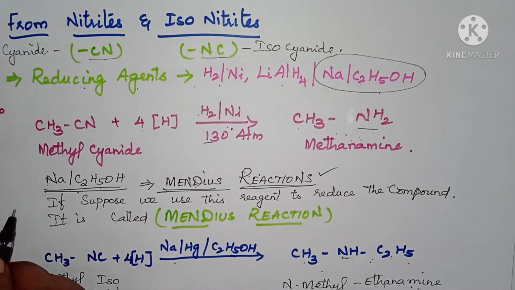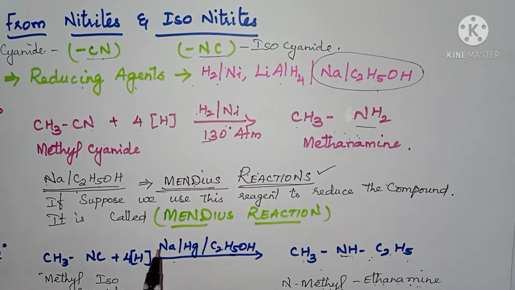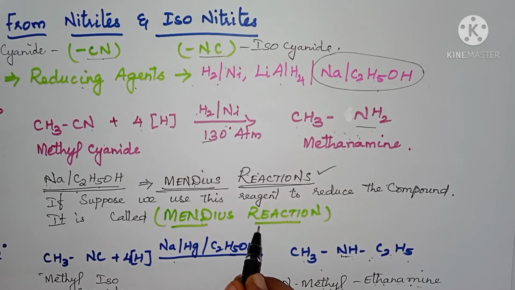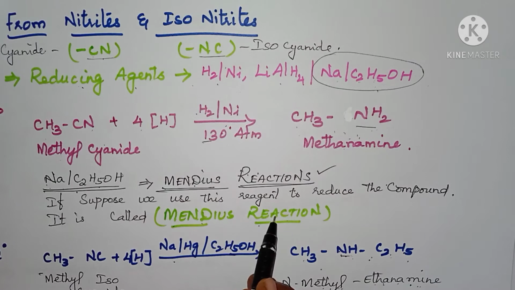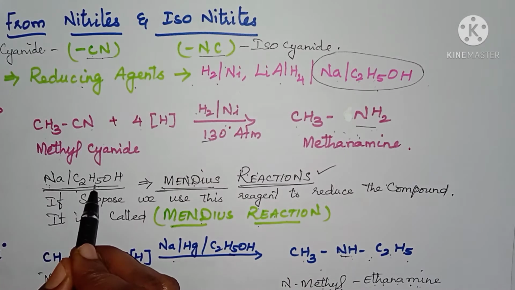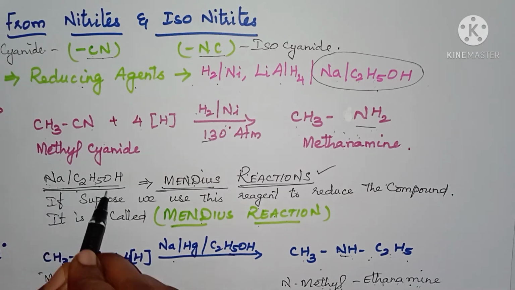Okay, now the next one, the second point. I'm going to tell you the naming reaction which is called the Mendius reaction. The Mendius reaction is also a reduction process only, but in the Mendius reaction, what reducing agent are we using? It is Na with C2H5OH, ethyl alcohol with sodium metal, that we are going to use.